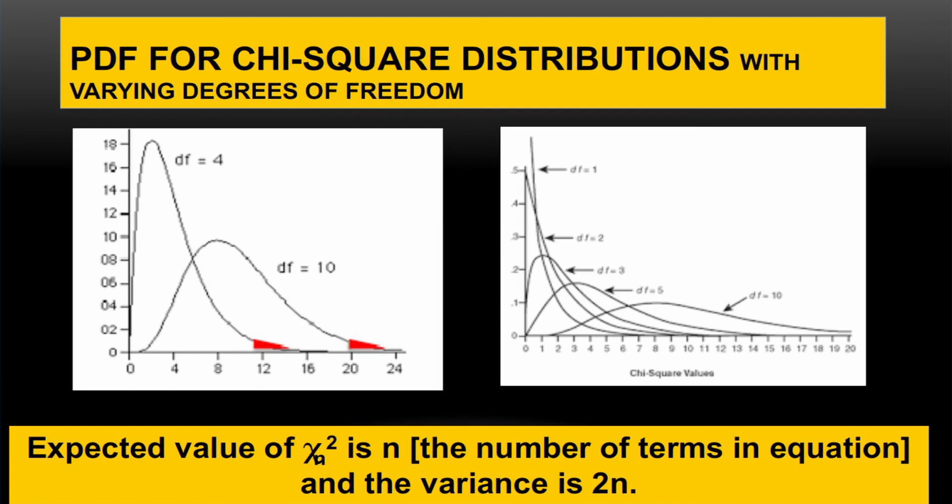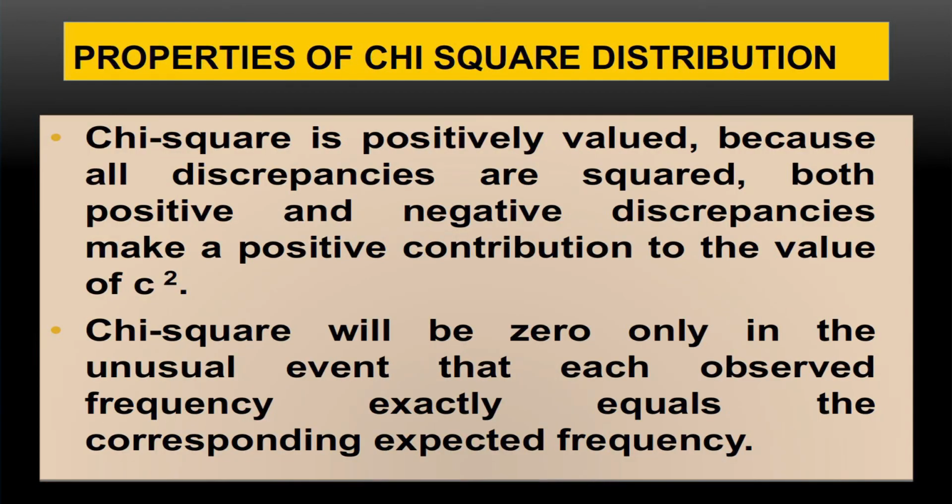It can be shown that for chi-square with n degrees of freedom, the expected value is n, that is the number of terms in the summation, and the variance is 2n. Let us see some of the properties of the chi-square distribution. 1.